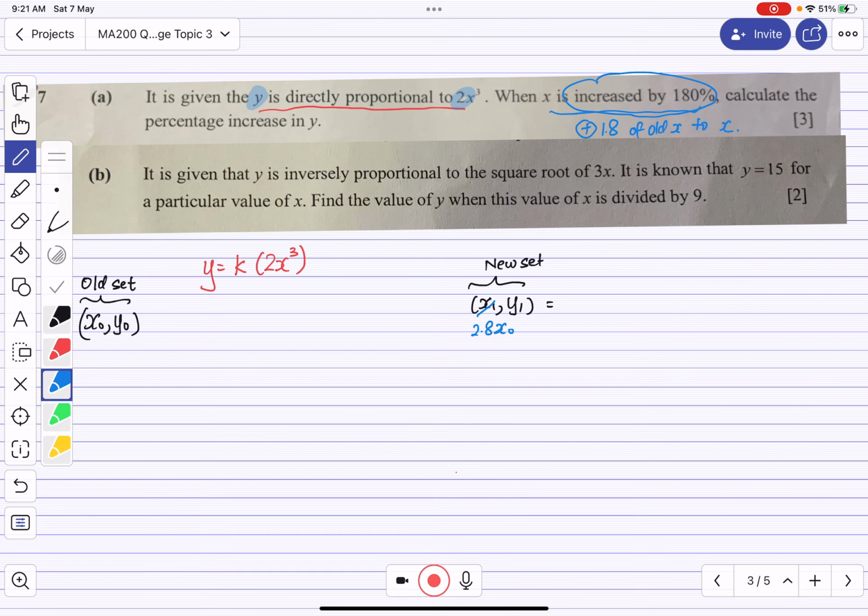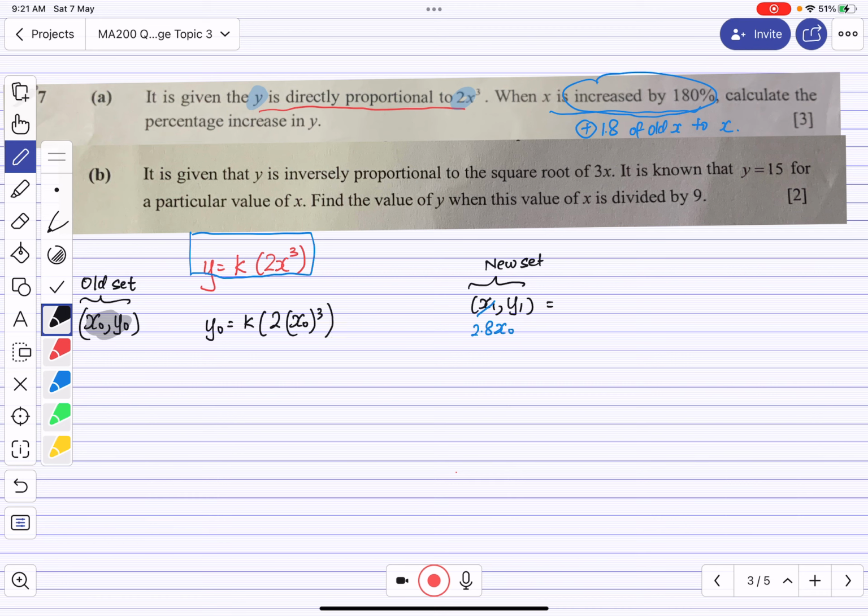Now when we have the old set of values, we simply substitute them into the parent equation. We will have y0 equals k of 2 x0 cubed.